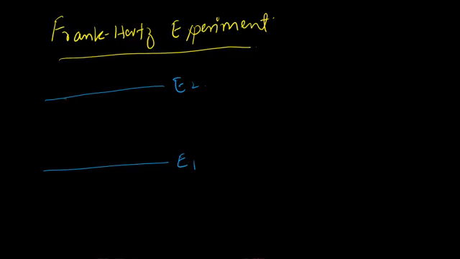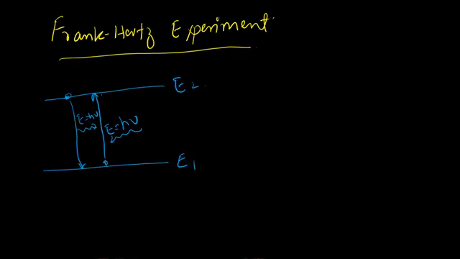When an electron jumps from higher to lower or from lower to higher orbit, there will be absorption of a photon of energy h mu when it jumps from lower to higher, and when it jumps from higher to lower, a photon of energy h mu is emitted.